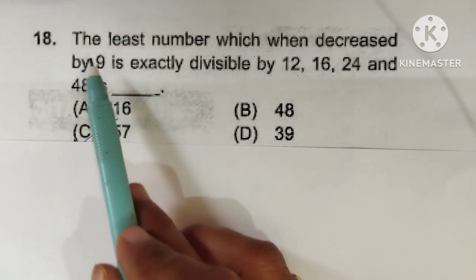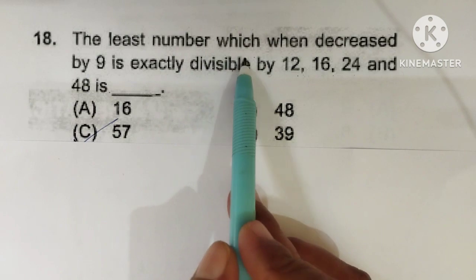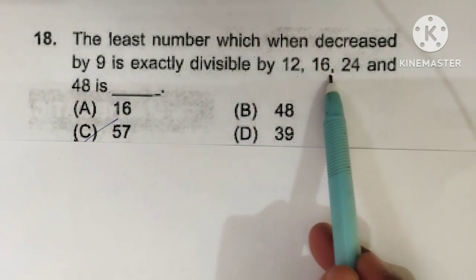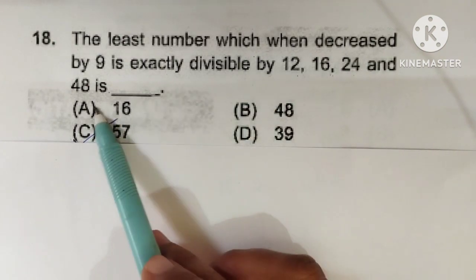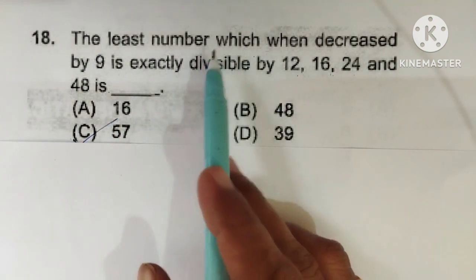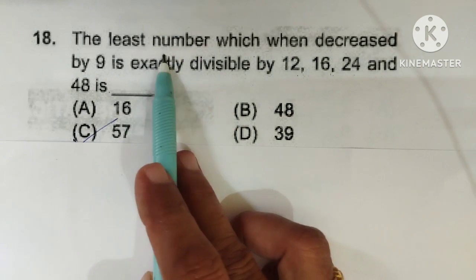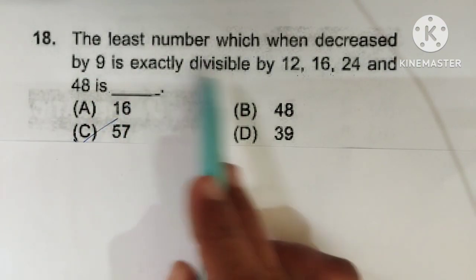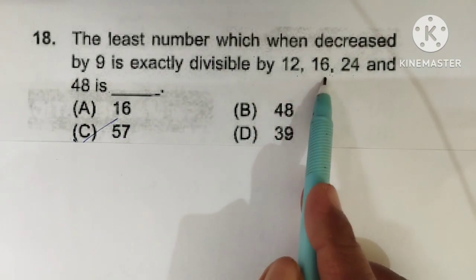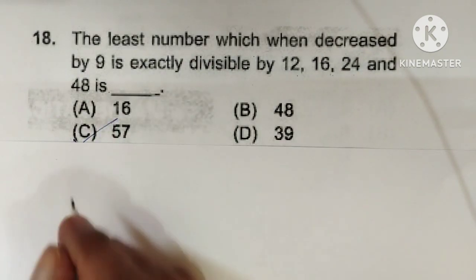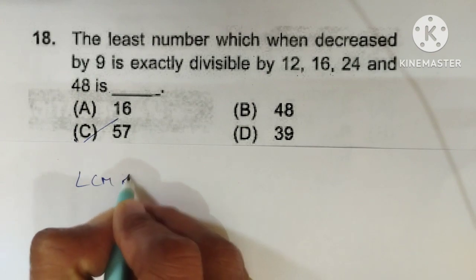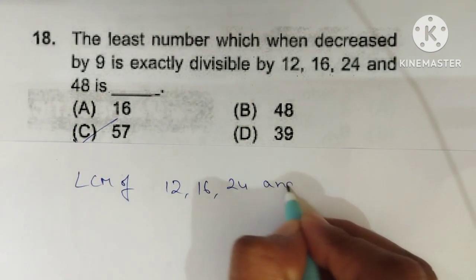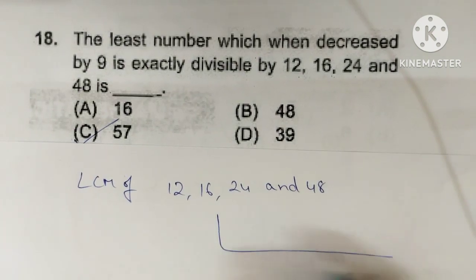18th question. The least number which when decreased by 9 is exactly divisible by 12, 16, 24 and 48. Now let the least number be x. x decreased by 9, that is x minus 9, is exactly divisible by 12, 16, 24 and 48. Now I have to find the LCM of these.